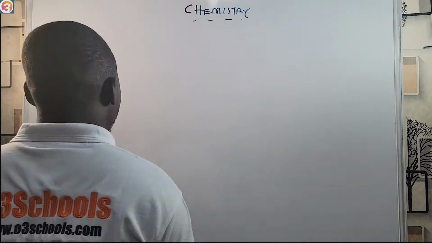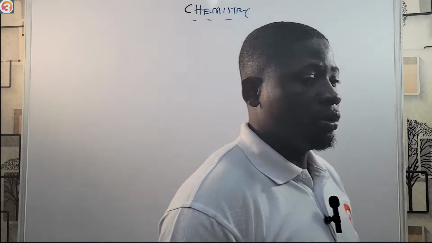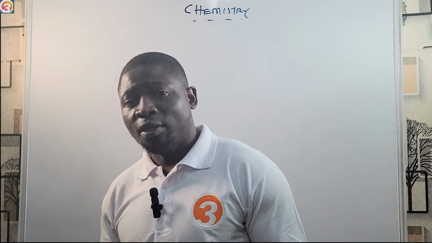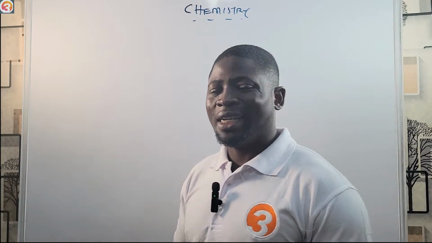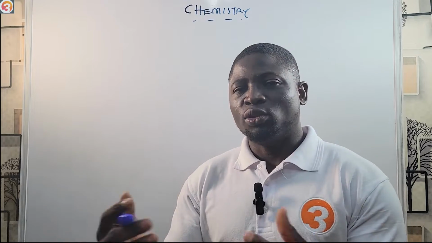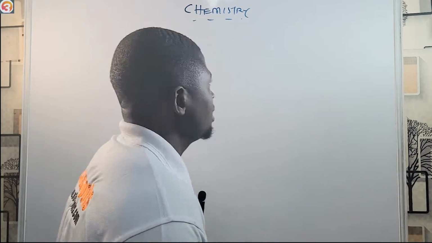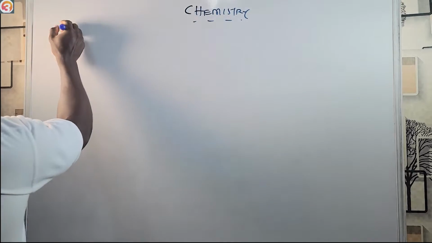All right, and today we are going to continue our discussions on oxidation and reduction reactions, and specifically we are going to learn how to assign oxidation numbers to organic compounds.